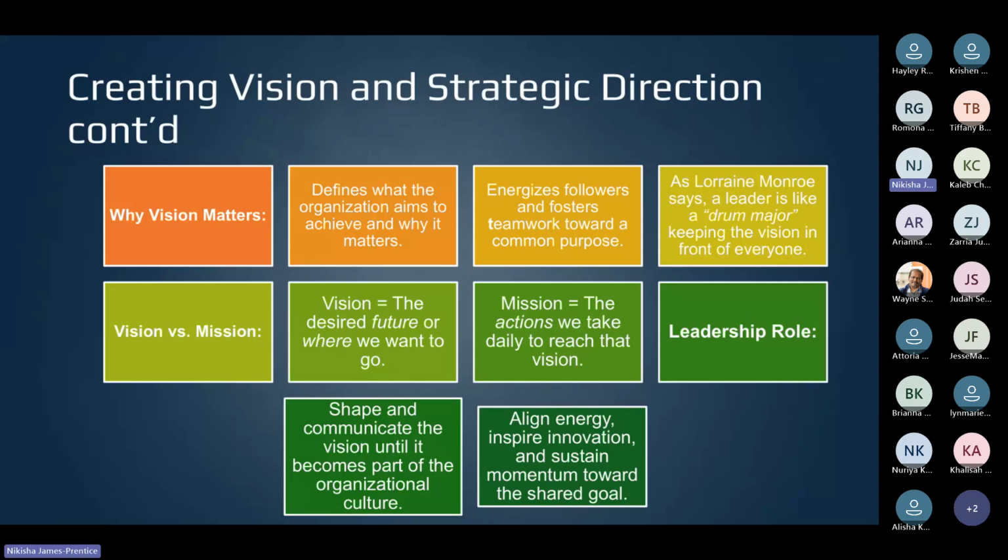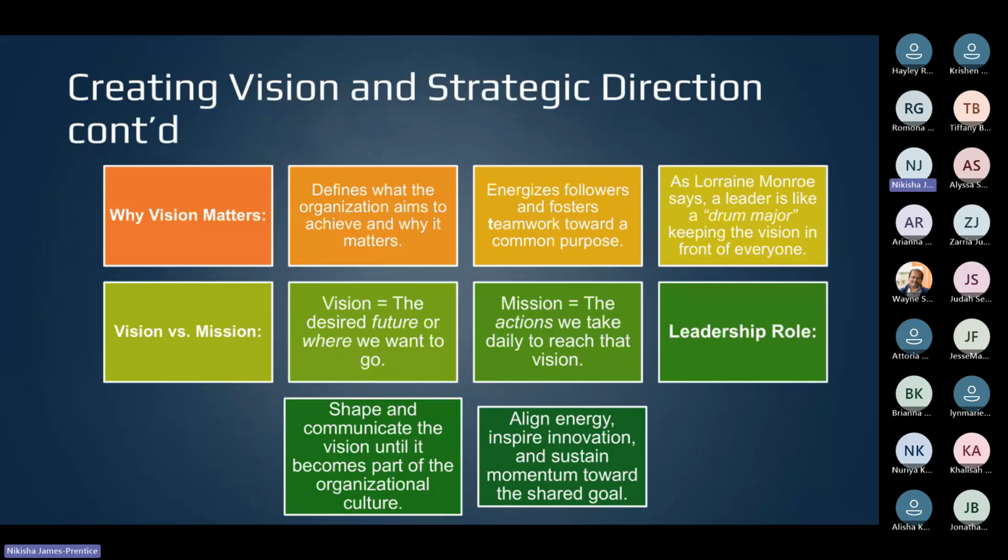As leadership expert Lorraine Monroe puts it, a leader is like a drum major, the person who keeps the vision in front of everyone and reminds them what they are working for. When people see a leader's passion, they naturally want to share that energy.